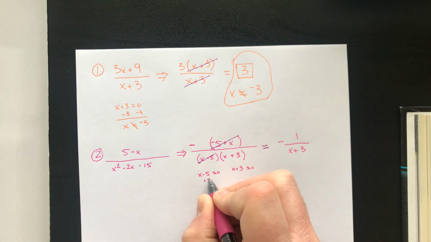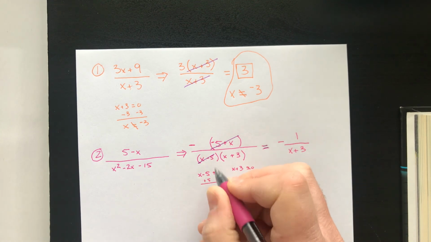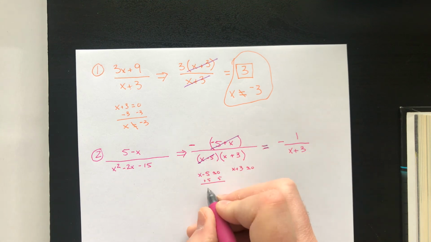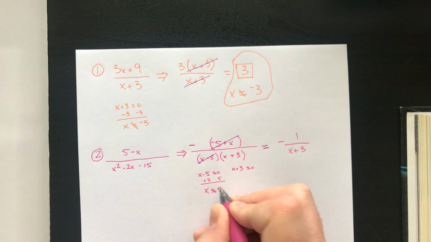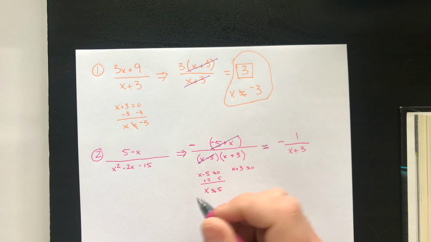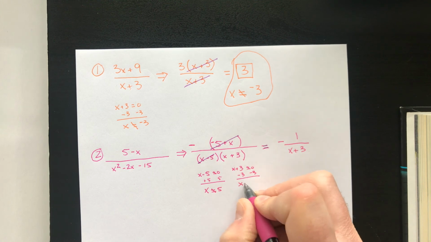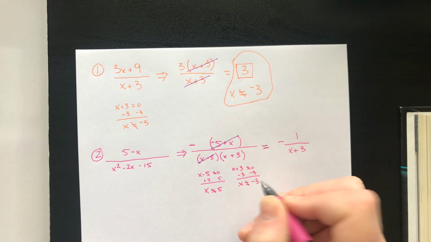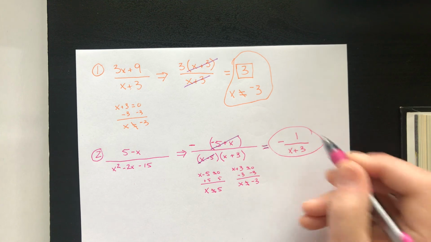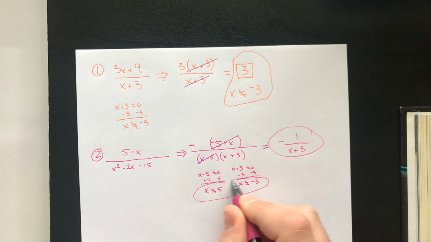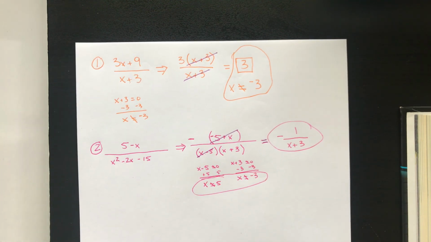If I add 5 to both sides, and some people might have been able to see this right away, x cannot equal 5, and x cannot equal negative 3. So here's the answer, but you also need your excluded values. You'll see that on a quiz or something. So those were the first two problems.